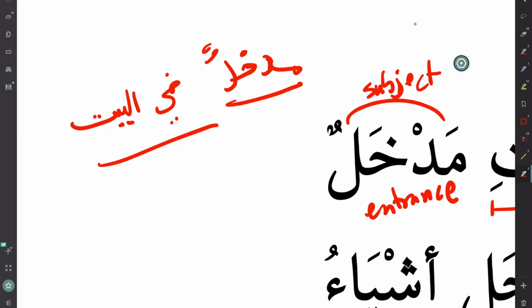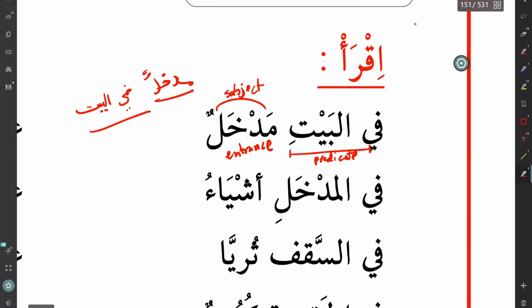For example, you want to say, there's a pen on the desk. It's a very simple statement. You need to be able to say that, right? So which one is your subject? The pen is the subject. In English, you can say a pen is on the desk, right?